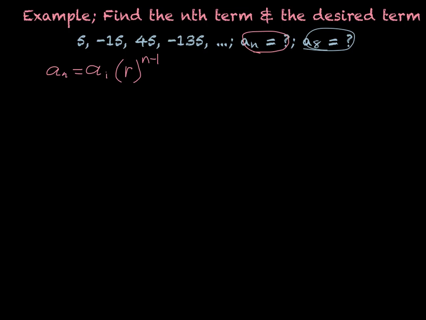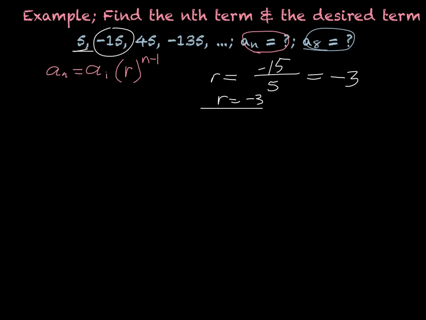To find my r, I need to take my second term and divide it by my first term. So negative 15 over 5 is equal to negative 3. So my r is equal to negative 3, and my a sub 1 is the first number, which is 5.